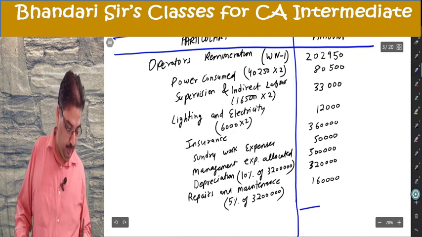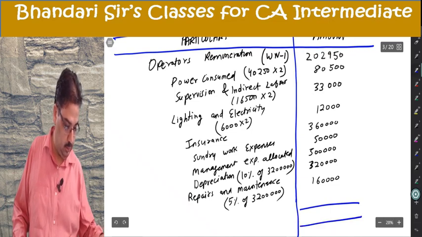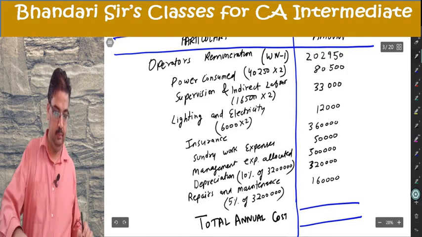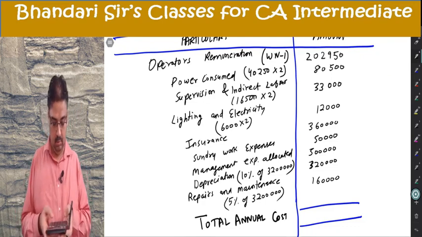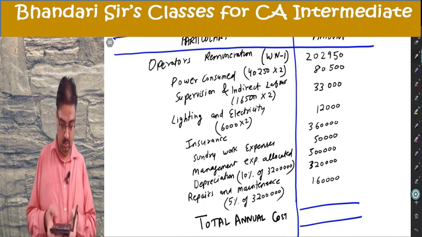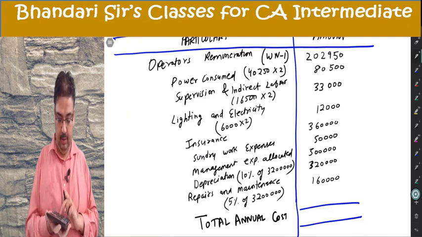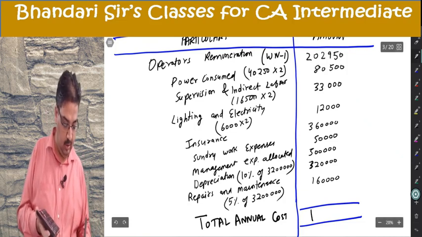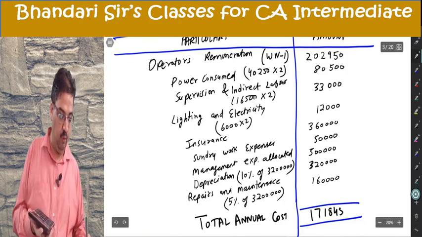So everything we have put, we have to add to get total cost. Total annual cost: 80,500, 33,000, 12,000, 3,60,000, 50,000, 5 lakh, 3,20,000, 1,60,000. It comes out to 17,18,450.